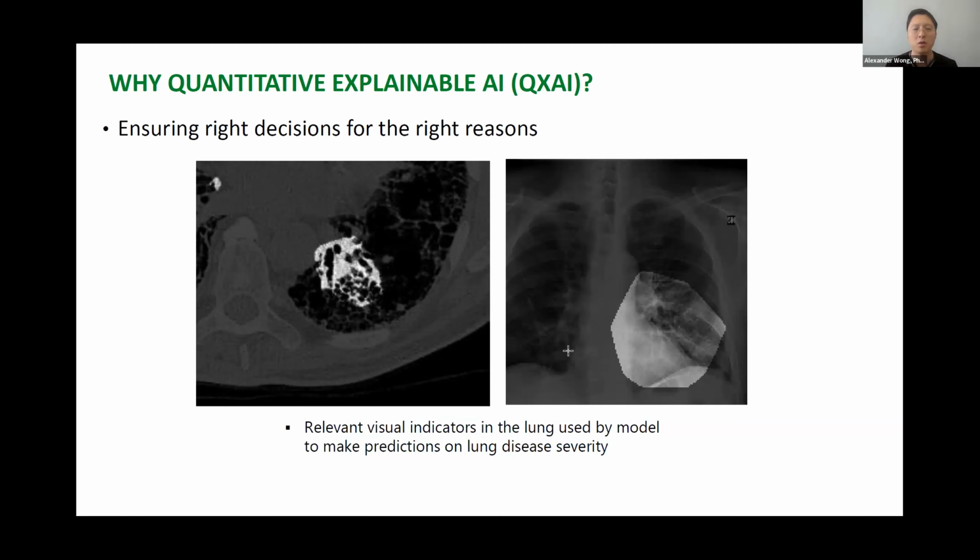What it's able to do is show you the exact relevant visual indicator in the lung that led the model to predict that this is somebody who's going to have very, very bad lung disease severity. And what you see highlighted there is the actual honeycombing happening in the lungs. With this information, a radiologist can make a much better, more concrete decision, and it also guides them through the whole volume of data.